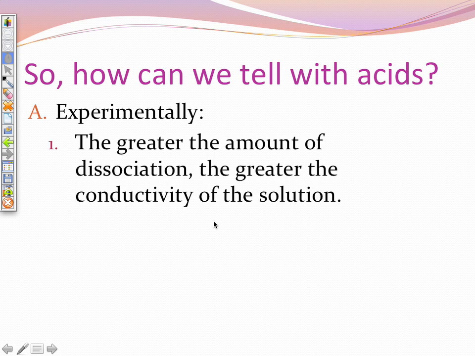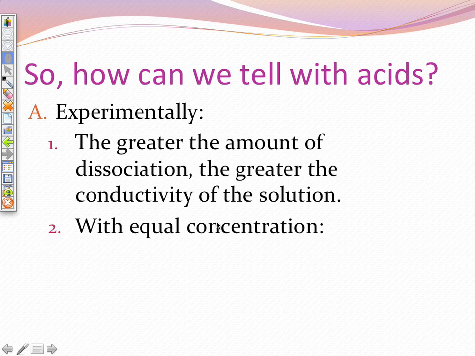First one, we can look at the dissociation and have a conductivity tester, which we've used before, to identify whether there's a lot of conductivity, so a lot of dissociation, so strong acid, as opposed to a semiconductor, which has a lower amount of dissociation and therefore would be a weak acid.